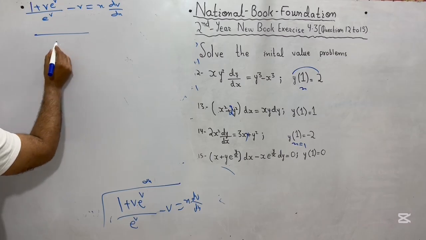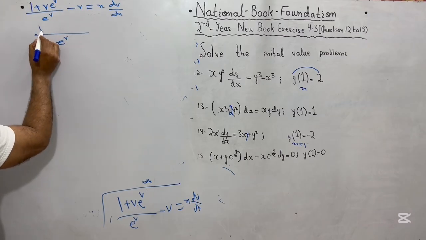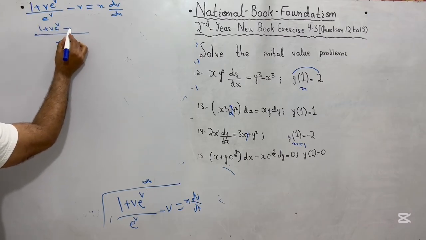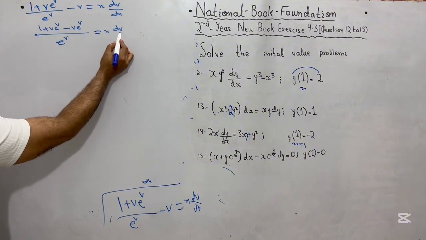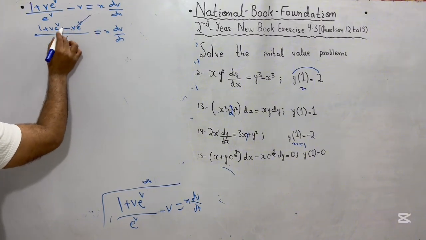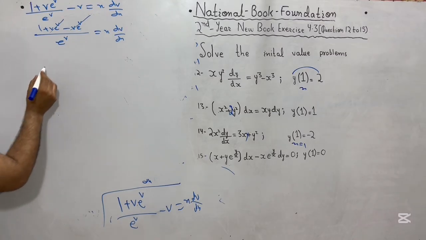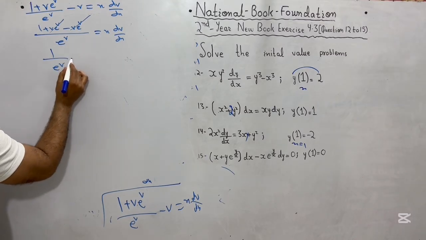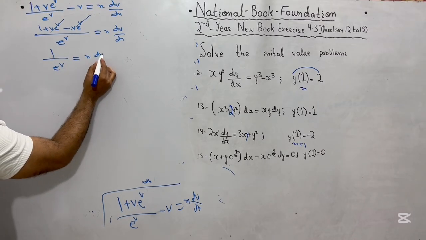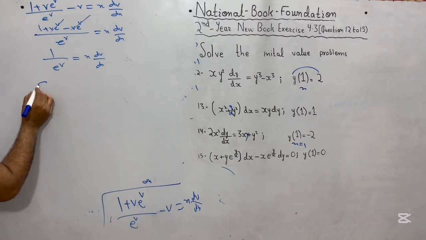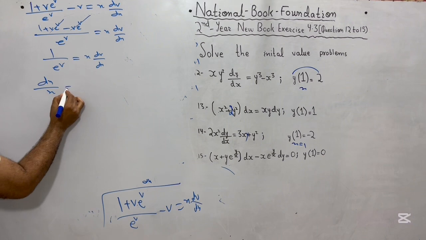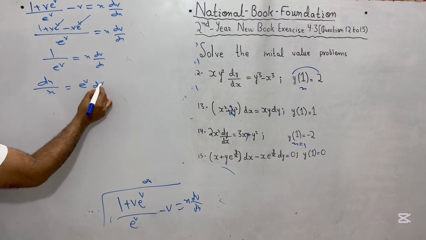Taking e raised v as LCM, 1 plus v times e^v minus v times e^v is equal to x times dv over dx. Cancelled out. We are left with 1 over e raised v is equal to x times dv over dx. Separating the variables, taking e^v here and this one here, it is dx over x. We have e^v dv.